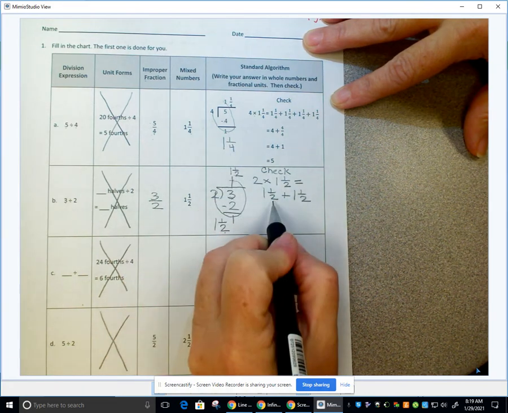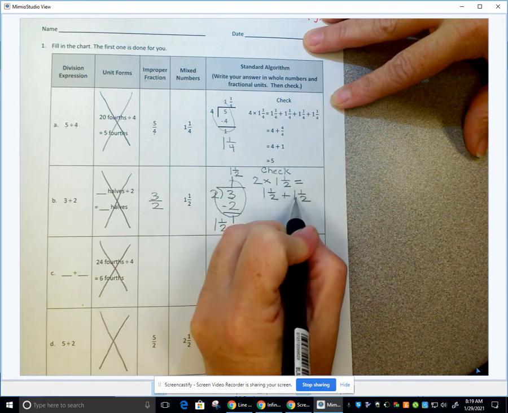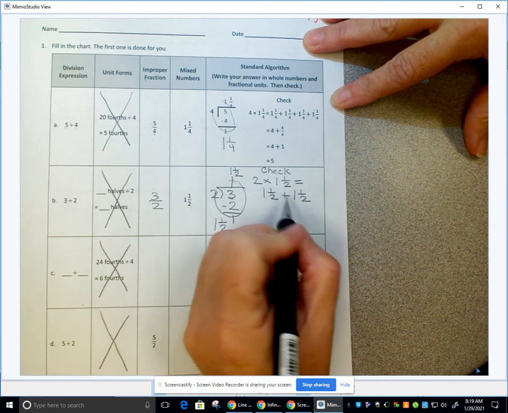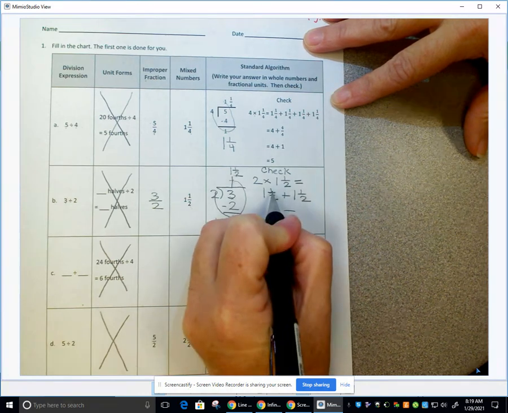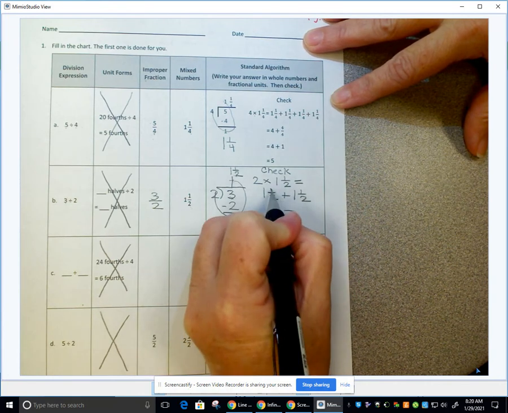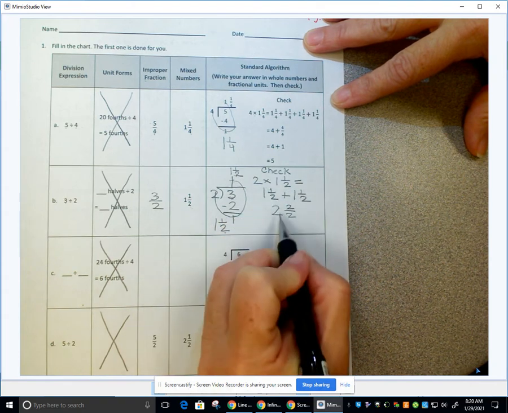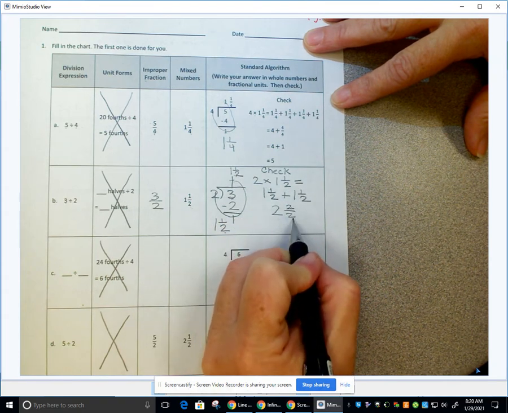And when we add this together, I add my whole numbers. They'll be easy to add because your denominators are going to be the same. 1 plus 1 is 2. Keep my 2 on the bottom. 1 plus 1 is 2 here. So this is 2 and 2 halves.